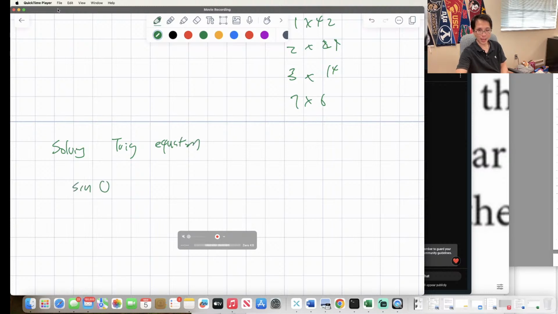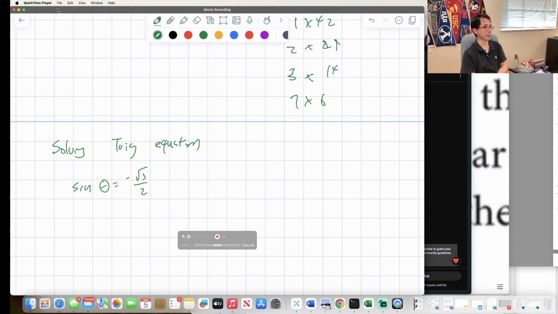I can ask you sine of theta equals negative root 3 over 2. And I can say, can you find out what theta is? Now, there are two types of answer. A general solution means from negative infinity to infinity, so there are an infinite amount of solutions.